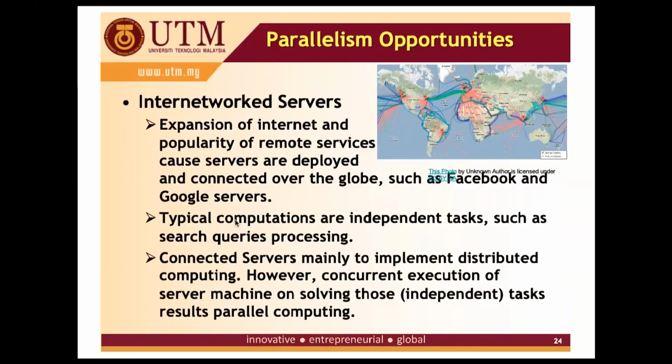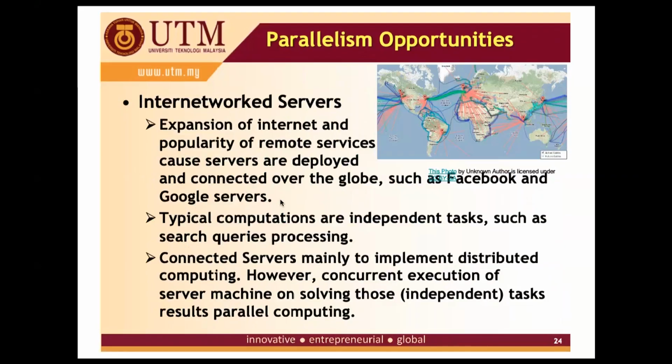Here you can see internetwork servers. The expansion of the internet and popularity of remote services cause servers to be deployed and connected over the globe, such as Facebook, Google, Amazon, and so on. They combine all together and provide services, so they can generate income.